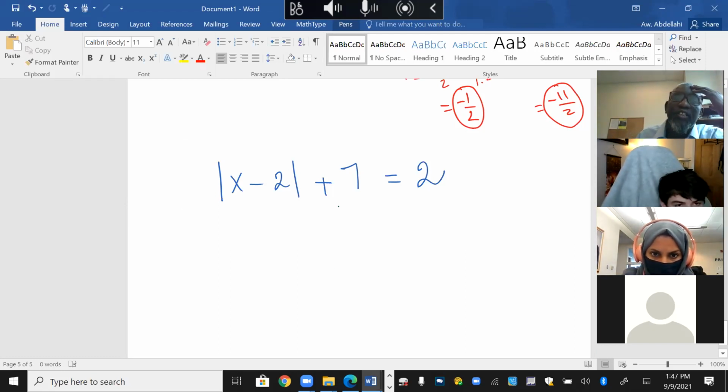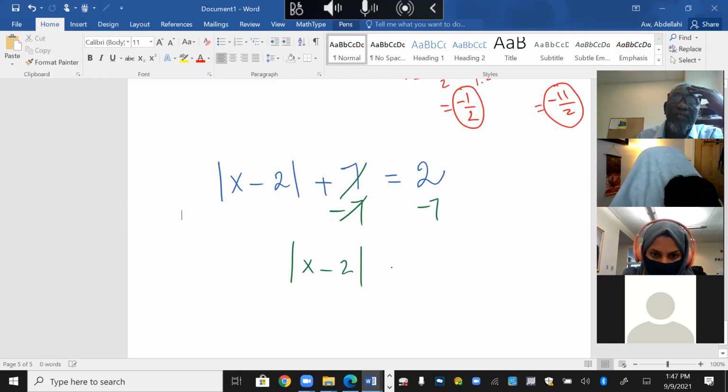And why? Look, everybody did -7, right? You got x minus 2 equal to -5. But what can an absolute value not be? An absolute value cannot be negative, because absolute value is a distance.